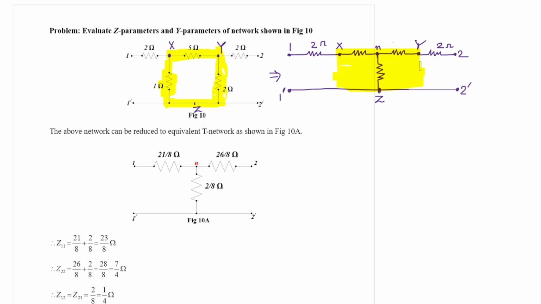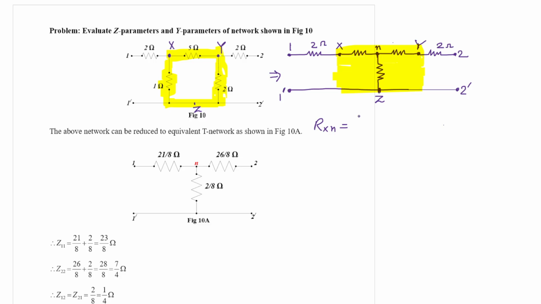So let us recall the formula. Rxn. You need to find out Rx, that is X is common between these two, 5 ohm and 1 ohm.